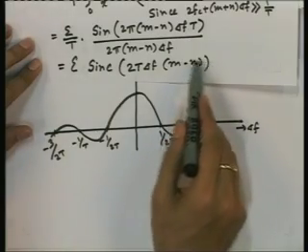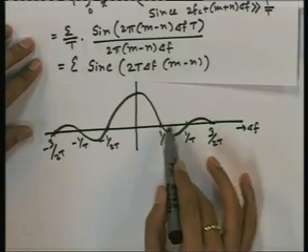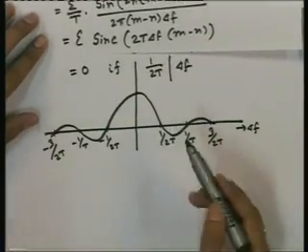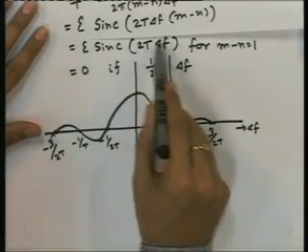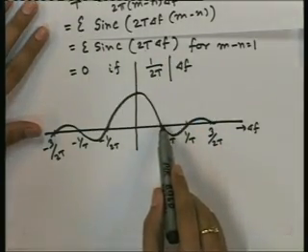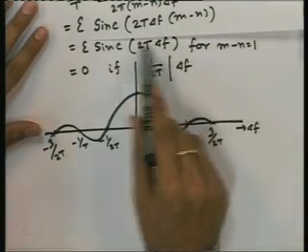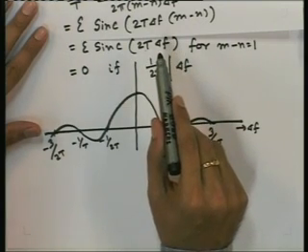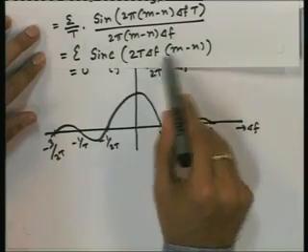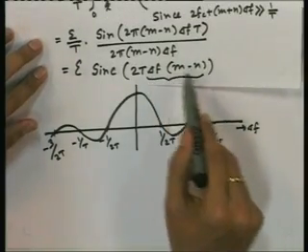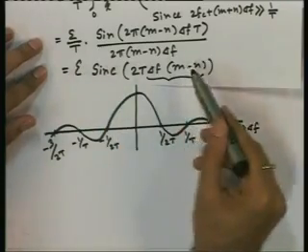As a result, this also will be 0 for any m and n if delta f is a multiple of 1 by 2T. Let us repeat that again. If delta f is a multiple of 1 by 2T, then this will be 0, as you can see from the plot. And so delta f times m minus n, this whole thing, is also a multiple of 1 by 2T. As a result, this itself will be 0 for any m and n.